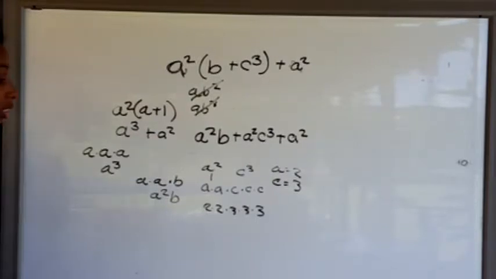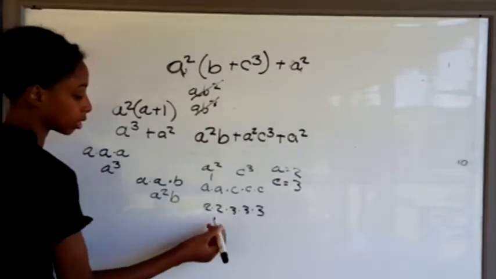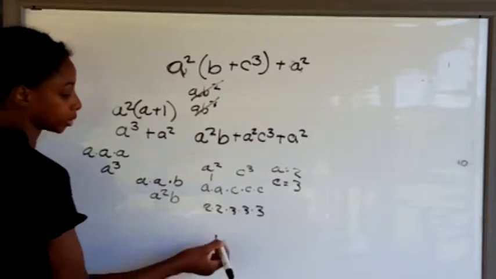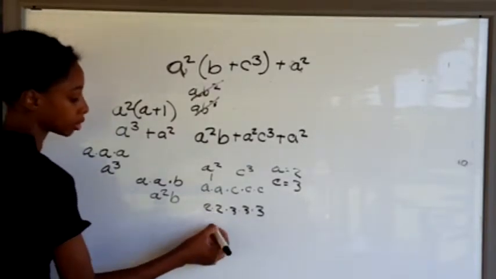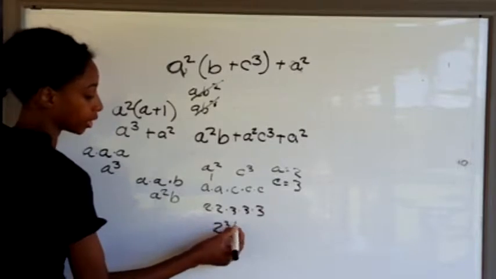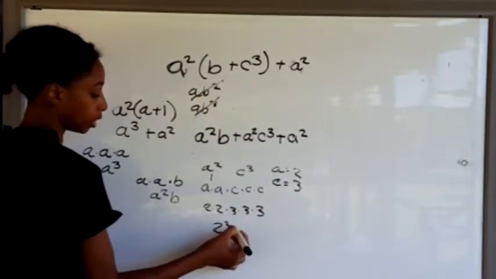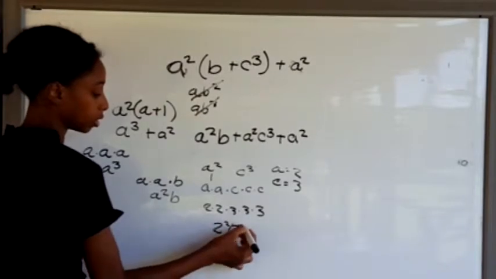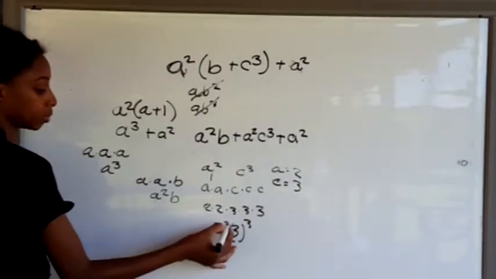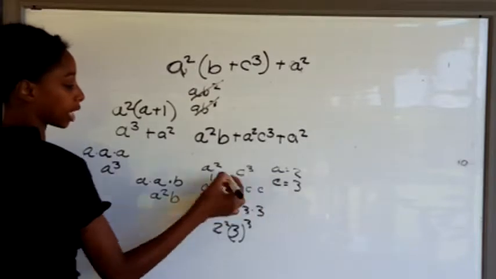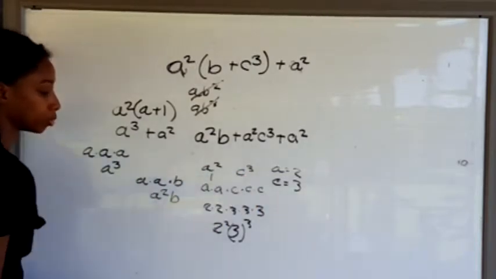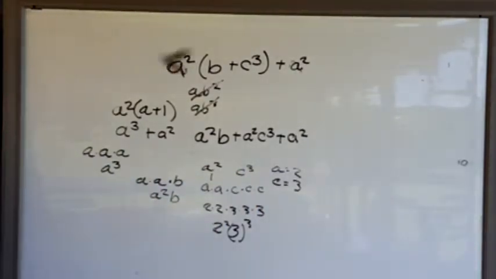Exponential. Yeah, so you can write the expanded form in exponential form, to make it smaller. So 2 times 2 would be 2 squared, and 3 times 3 times 3 would be 3 cubed. So you would have 2 squared times 3 cubed, which is like our example, a squared times c cubed. So that's how you would do that.